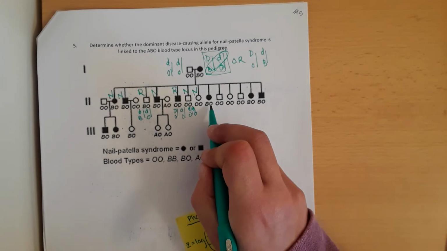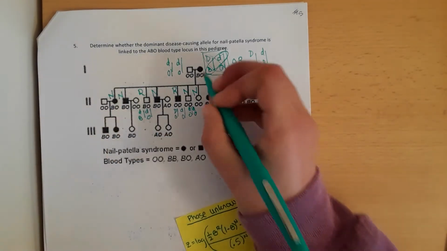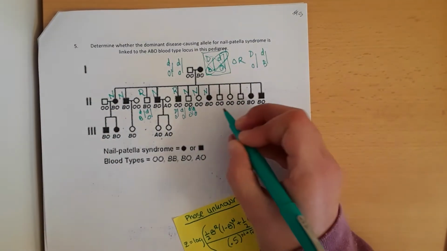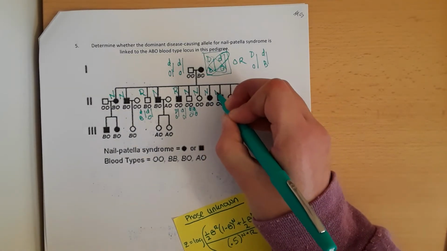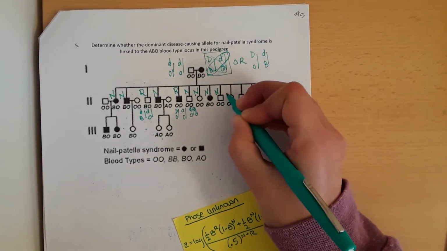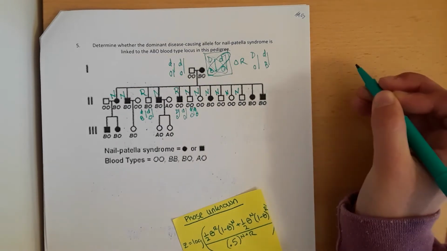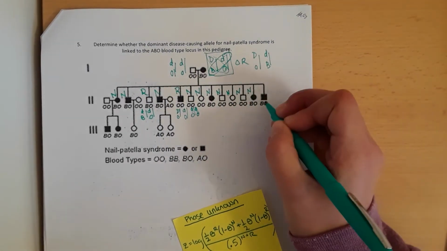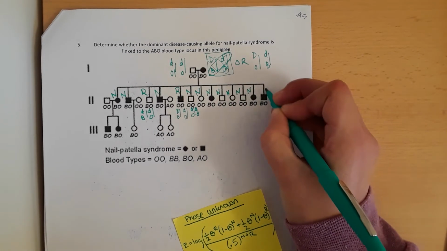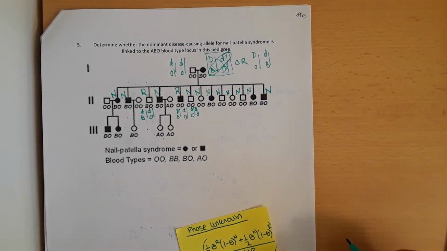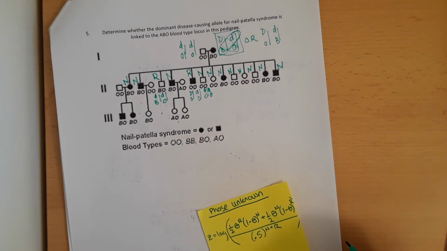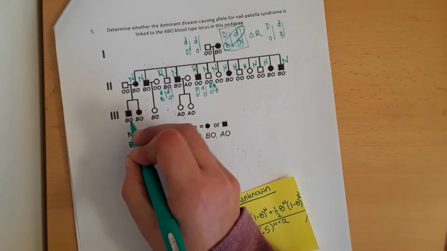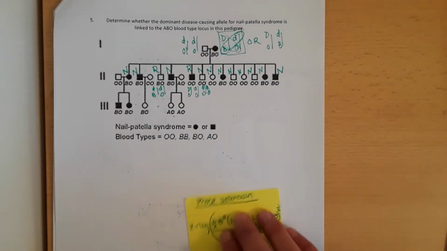Here we have BO. We did this before and we said it was non-recombinant. OO, we did this before, non-recombinant. OO again, recombinant, non-recombinant. BO, we did this here, non-recombinant. And as well, BO, we did this here, non-recombinant. So now let's see what the third generation is going to be.